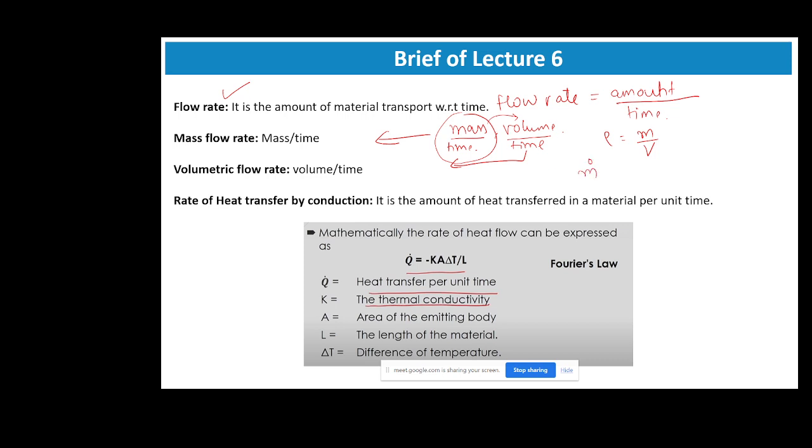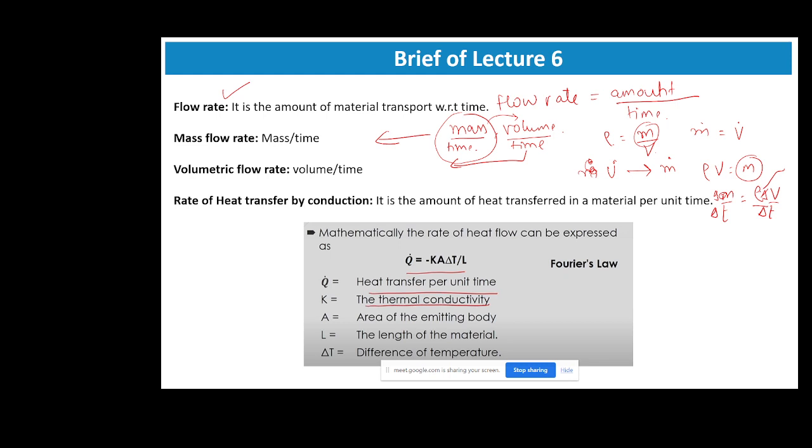Say for example, if you have the volumetric flow rate given and want to convert it into mass flow rate: mass equals volume into density, so rho v equals m. Since flow rate is with respect to time, m by t is rho, which is constant, into v by t, or delta m by delta t.